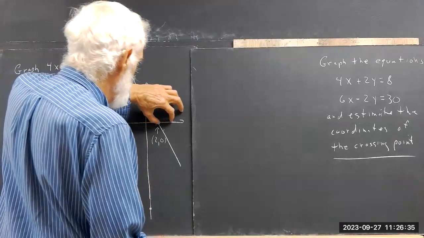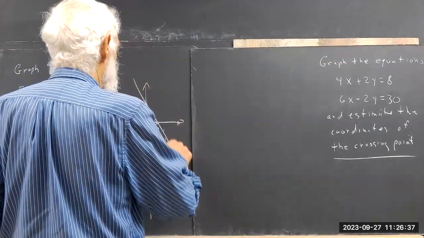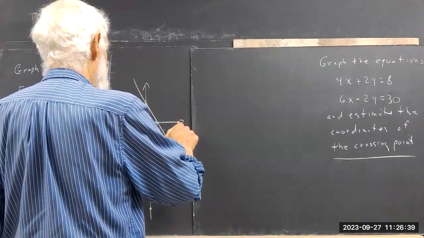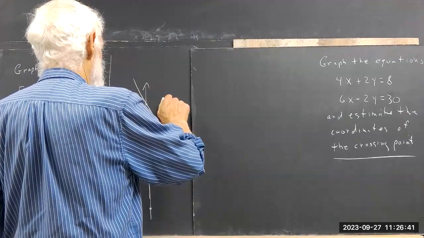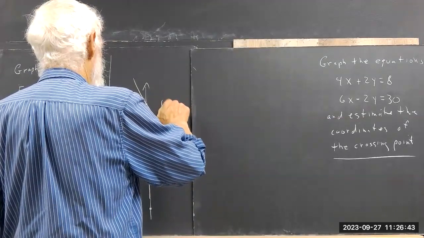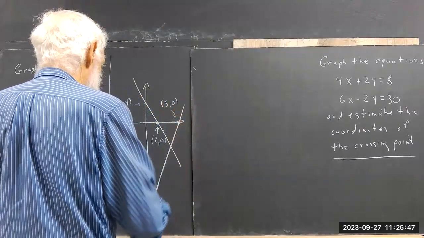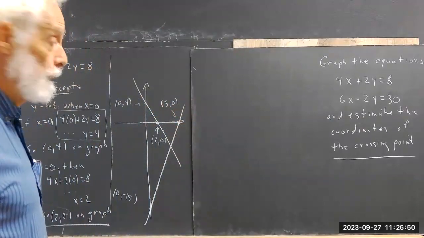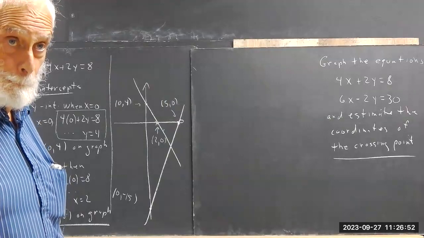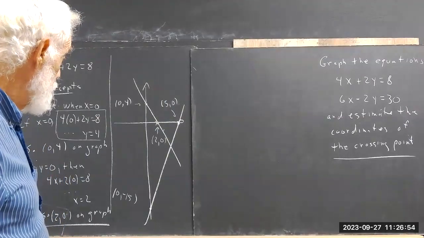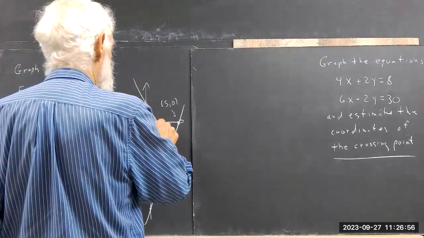Well, this is 2, here's 4, and here's 5. Let's just say that this is (5, 0). And then I draw a straight line through these points. So here's where x equals 2.